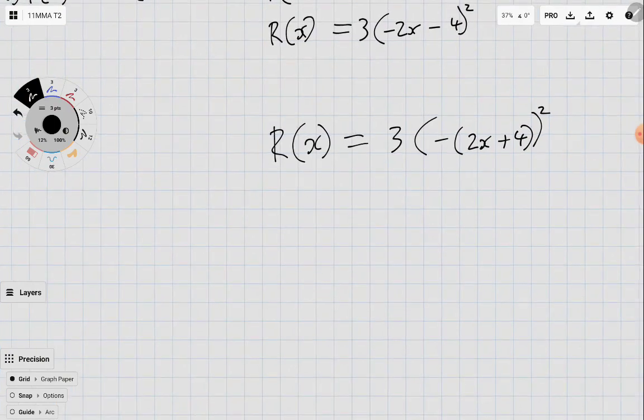Well, a negative squared is a positive. And so this is really just 3 times (2x plus 4) squared. The fact that both terms are negative means that both of the negatives can be factorized out and then squared, which gets rid of them. So that is just a slightly cleaner looking version of the previous one.